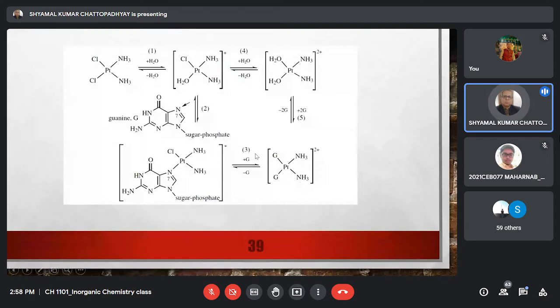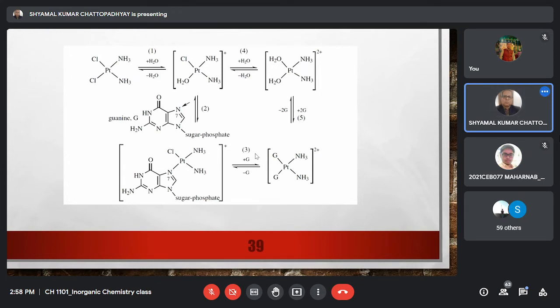The question is why cisplatin is so much active and transplatin is not so much active. I have told you already, one of the reasons why transplatin is not so much active is it is so reactive that before it reaches the cancer cell effectively, most of the complexes are destroyed by the extracellular biological molecules, right?